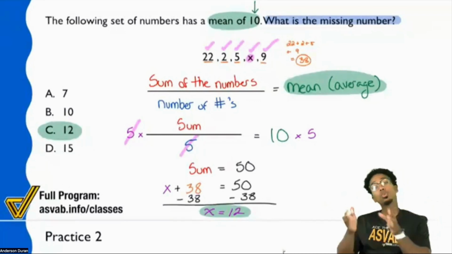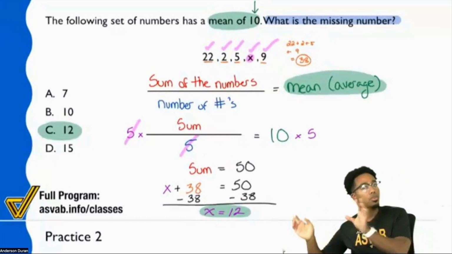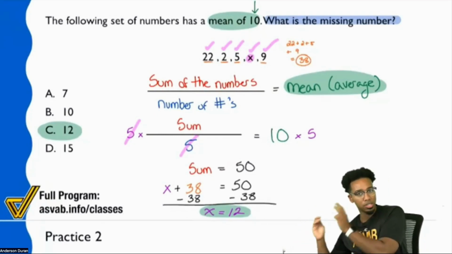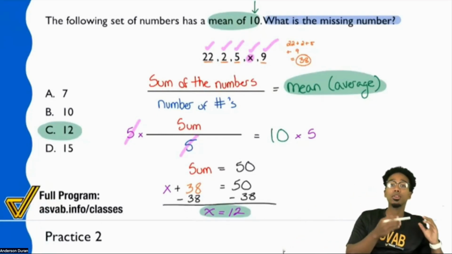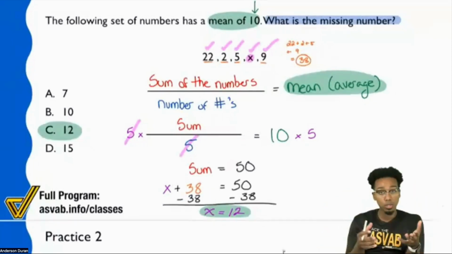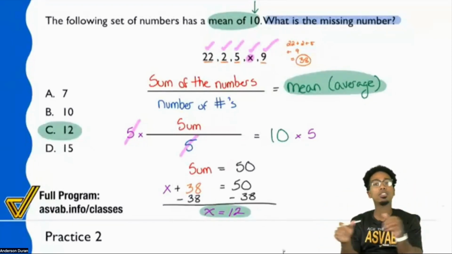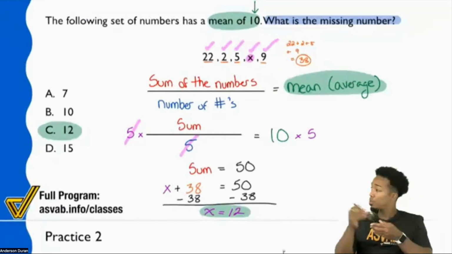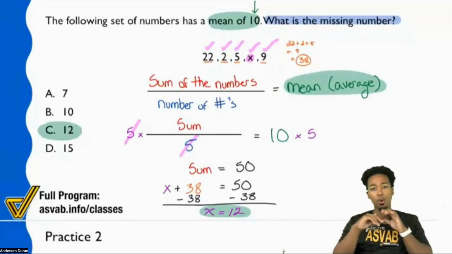This is what I want you to evolve to. If you understand the scale and you like the scale, I want you to transition from the scale to setting it up purely mathematically, where you just set up your formula, you plug in what you have, solve the equation, and you're done. If you like solving equations, this would be very straightforward to you.